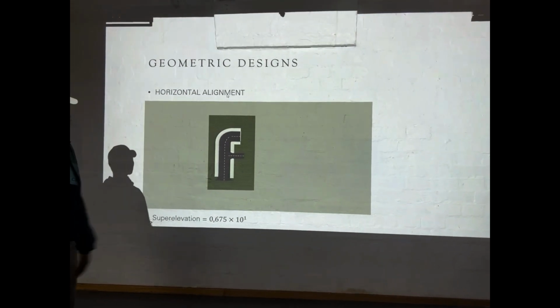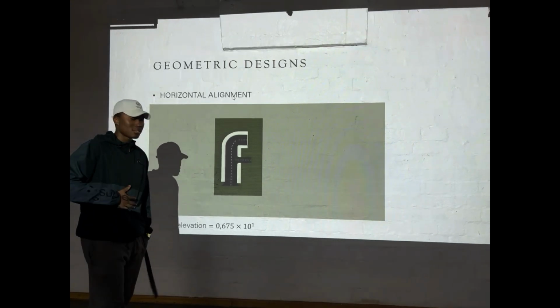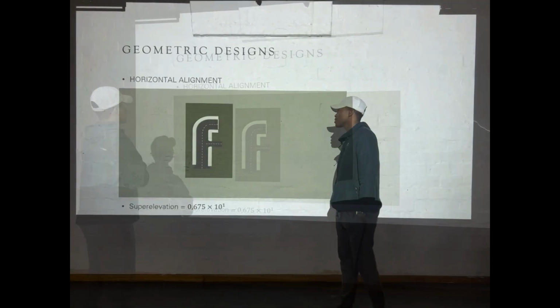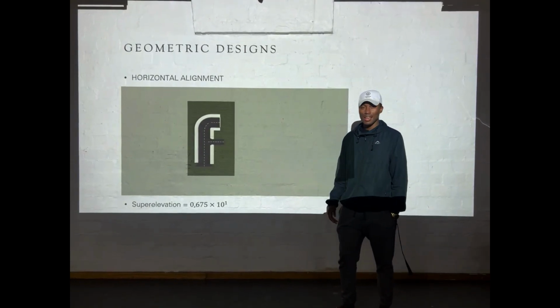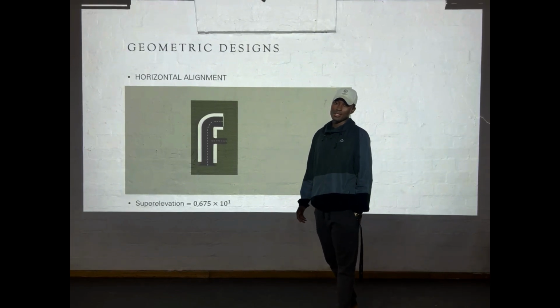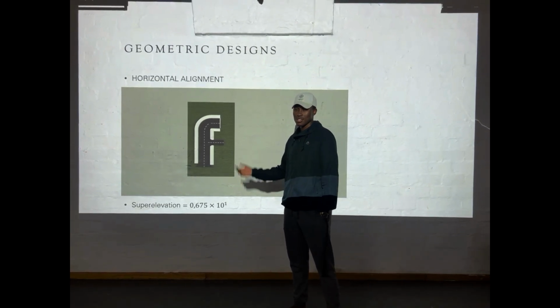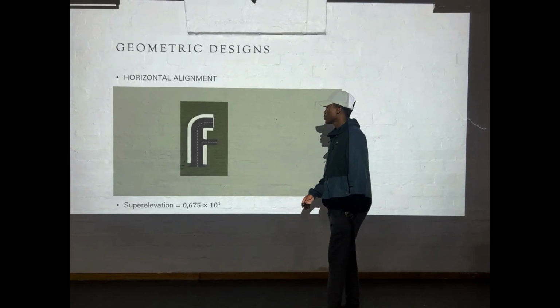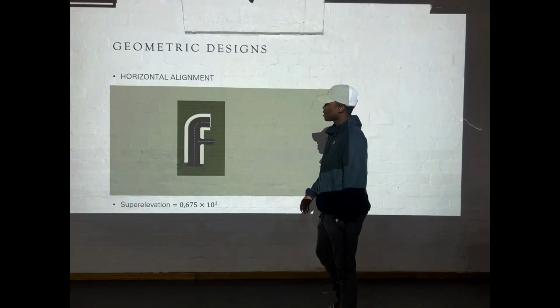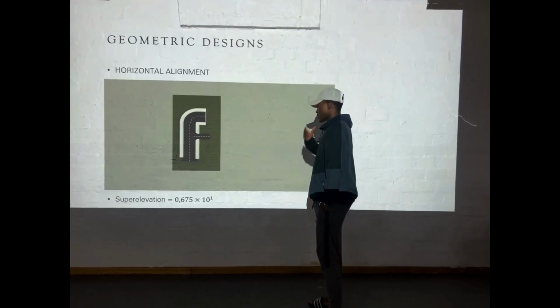So you're going to start with the horizontal alignments. Geometry: we have horizontal alignments and vertical alignments. So I'll be looking at the horizontal alignments, using the data that we have and assume.